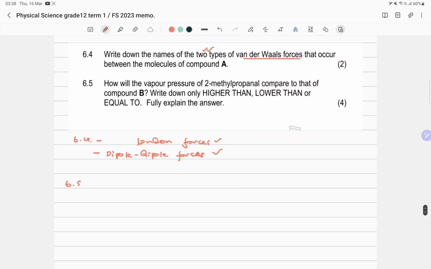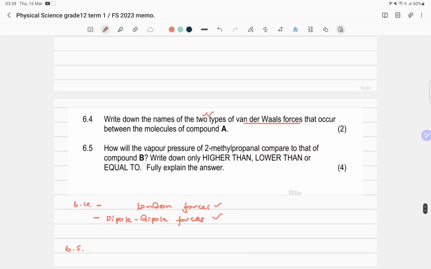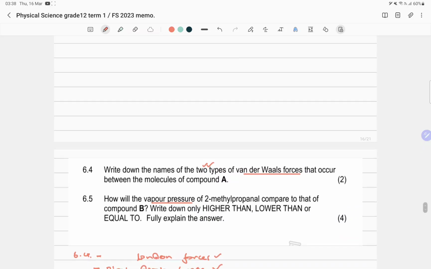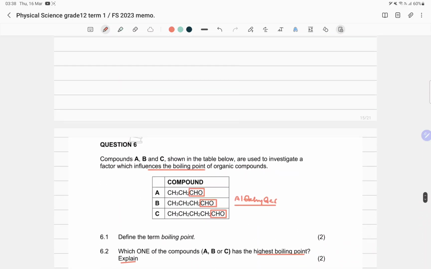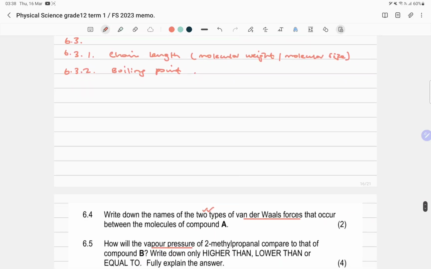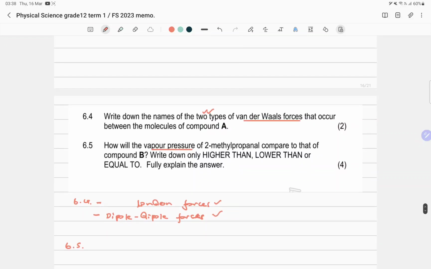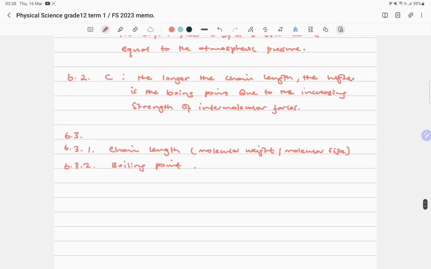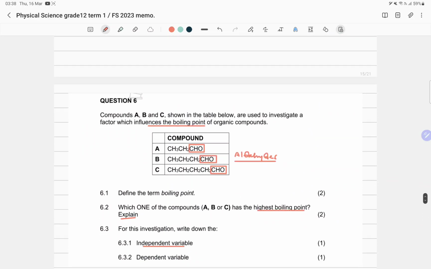So 6.5. How will the vapor pressure, let's see, first of all, we're talking about boiling point, yeah. Now, how will the vapor pressure of 2-methyl propanol compare to that of compound B? Okay, let's look at compound B. This is what? 1, 2, 3, 4.